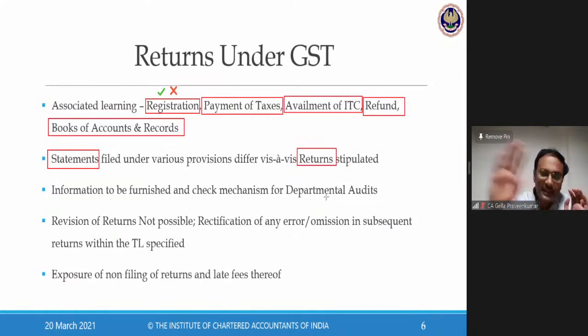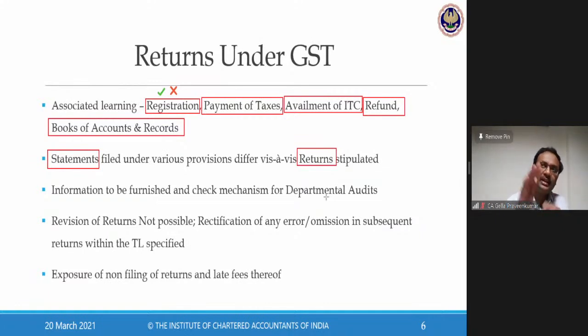Not all returns have an obligation to pay tax to the government. A return is just a summary of inflow and outflow. I repeat, a return is a summary of inward and outward. That means I'll show the purchases I have done during the month and the sales or supplies done during the month. That is a two-way window which happens in a return.